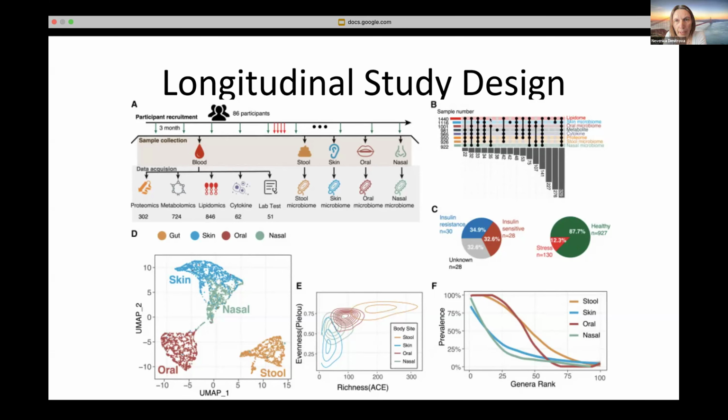Here on the B panel, there is the sample number and all the different types of measurements, the lipidome, the skin microbiome, oral microbiome, etc. at different time points. So this is also a very high-level overview.